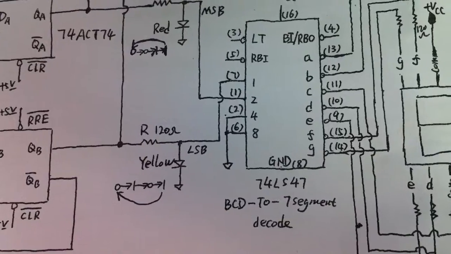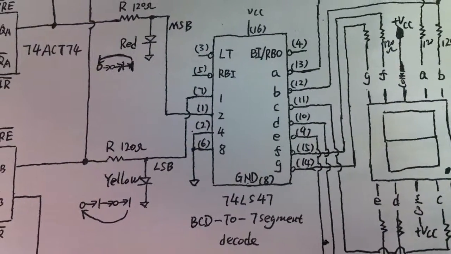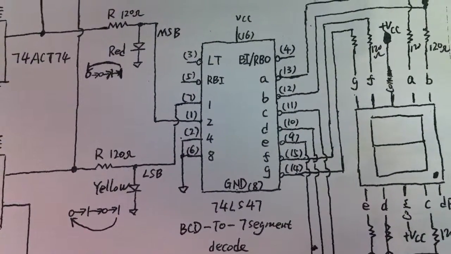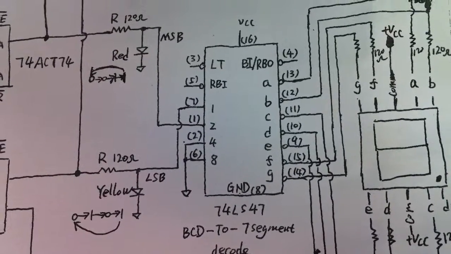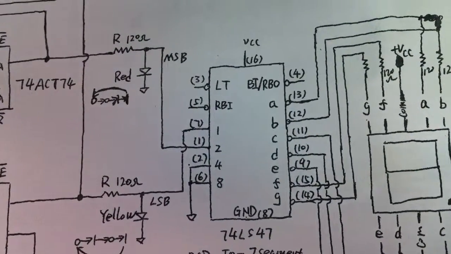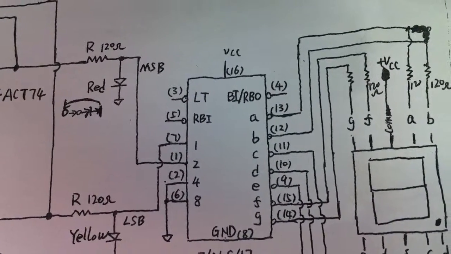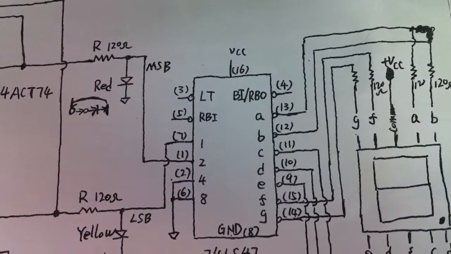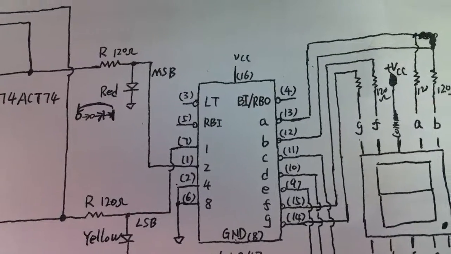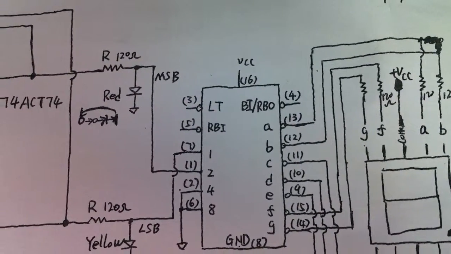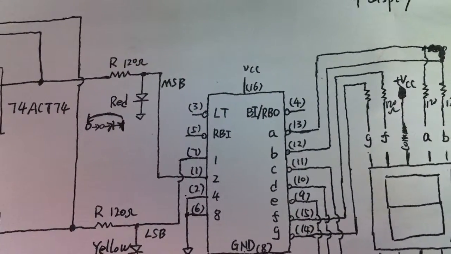In the 74LS47, the unused pins 3, 4, and 5 can be left open. Pin 3 is lamp test. Pin 4 is blanking input, ripple blanking output. Pin 5 is ripple blanking input. All those pins are active low.